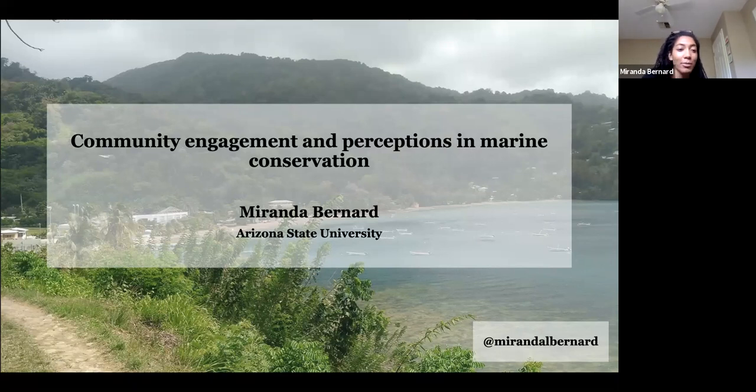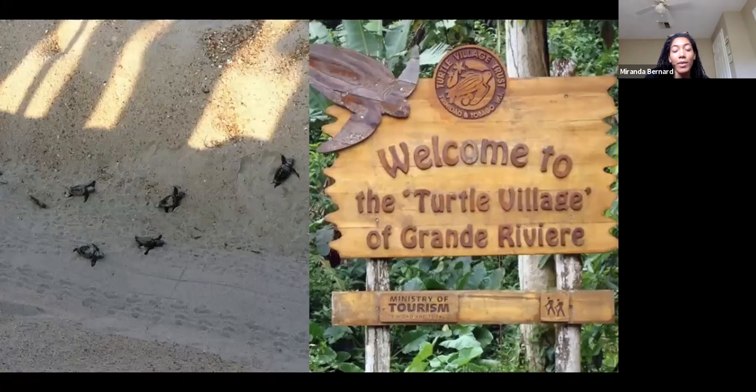As you said, my background is in civil and environmental engineering. But I've always loved the environment, loved spending time near marine creatures and at the ocean. My family is from Trinidad and Tobago, so I go there a lot and got to see a lot of the intersections of communities and tourism and marine ecosystems.